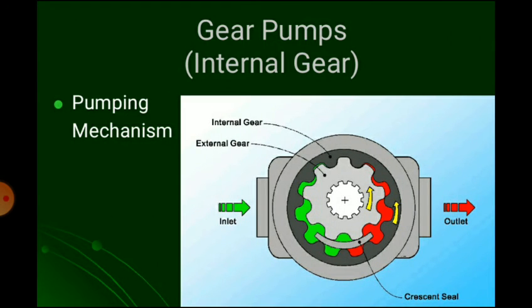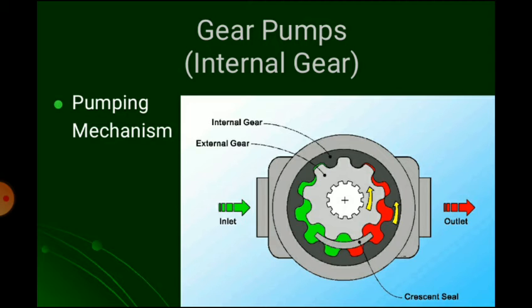So you can see in the diagram there is one internal gear and one external gear, and in between at one place there is a sealing, that is a crescent seal. It is provided between the inlet and the internal gear and external gear. You can see in the diagram there is an inlet and outlet.